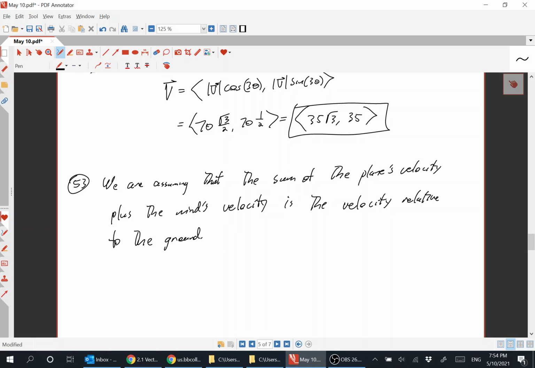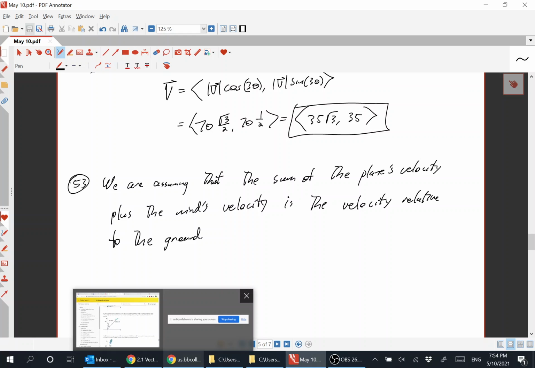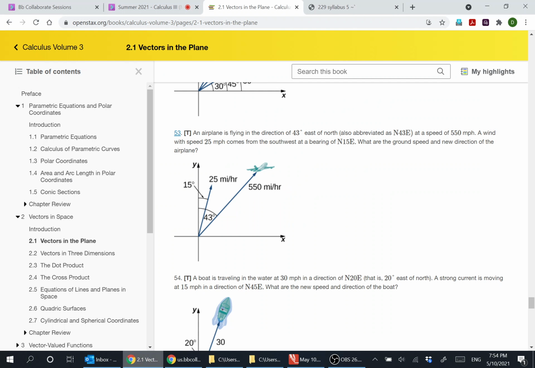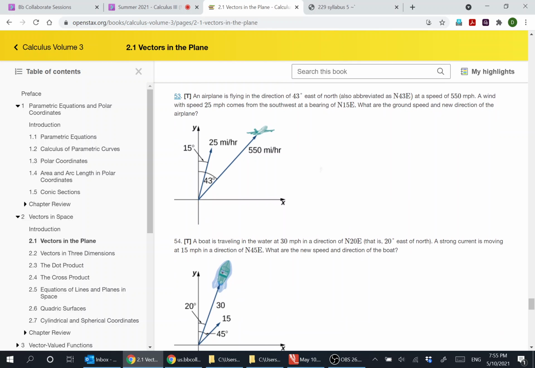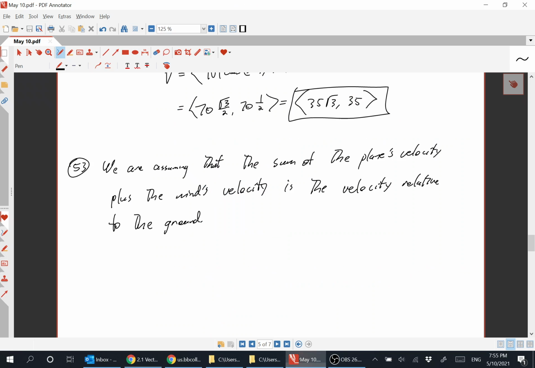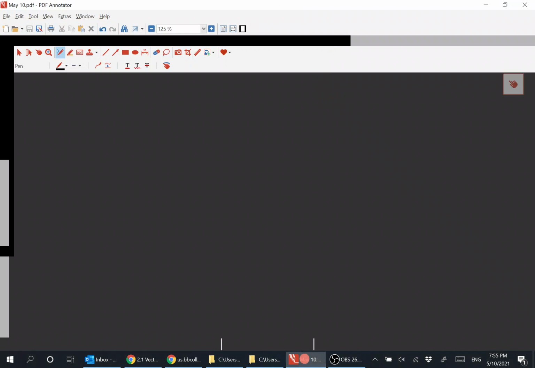Airspeed plus wind speed is the ground speed. So here we've got this picture right there. So the airspeed is 550. So we need to draw a picture here.